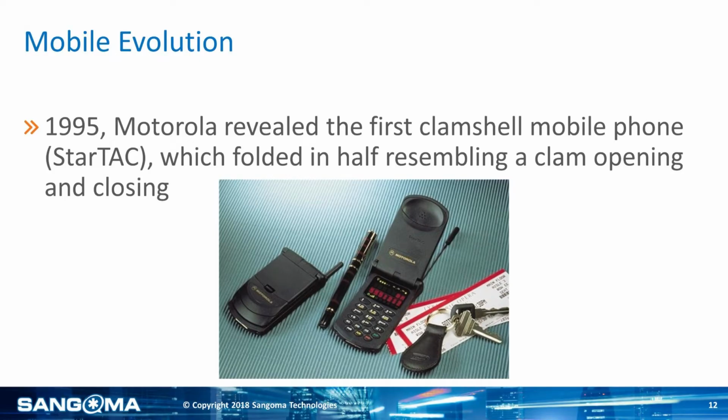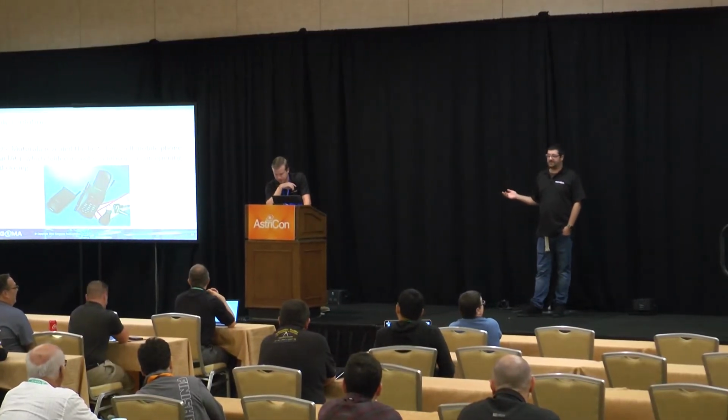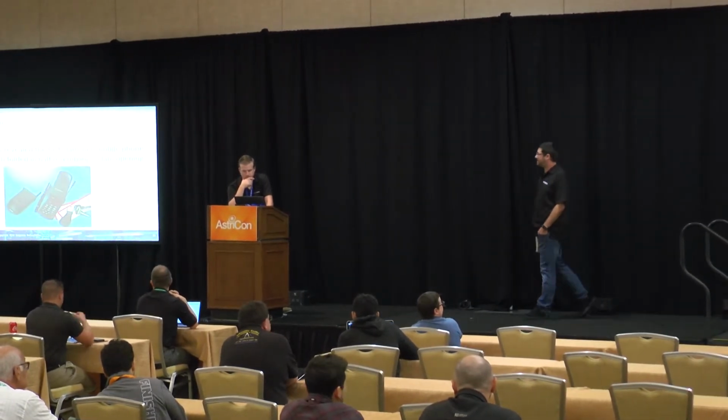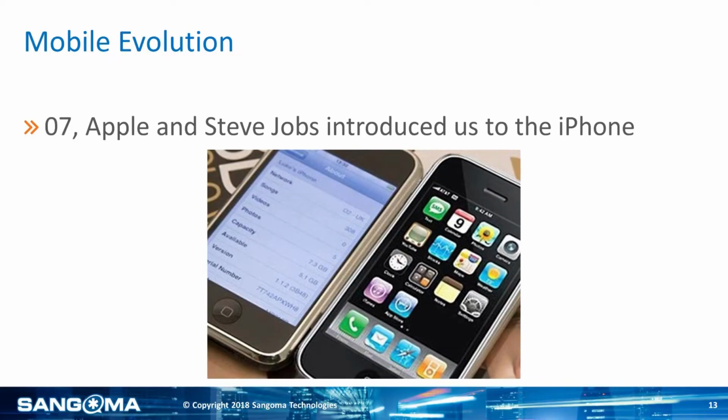So in 1995, Motorola revealed the Startac, right? Did anyone have a Startac? What about the bag phone prior to that? Okay. And the main thing that Startac had was it folded in half. Clamshell phone, really flip phone, right? A little bit different than what we're used to today from a flip phone, but really what started it.